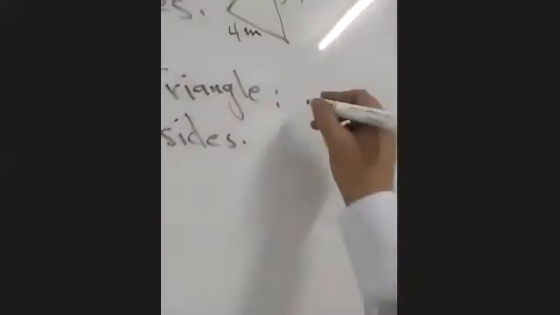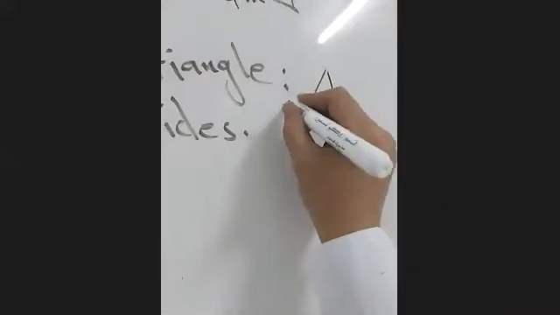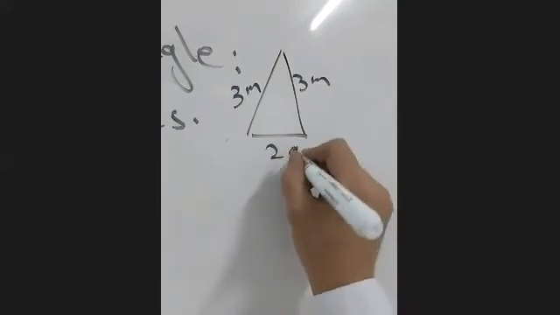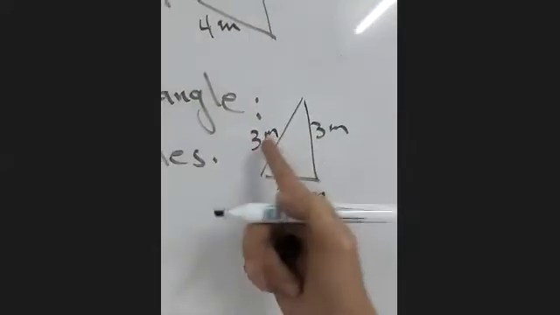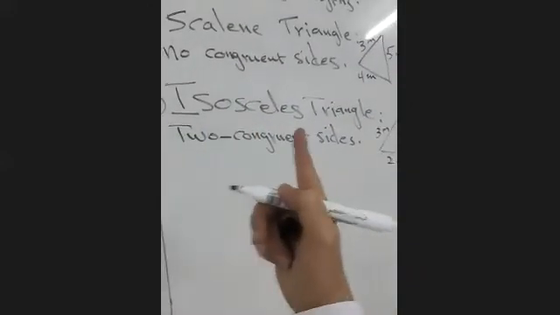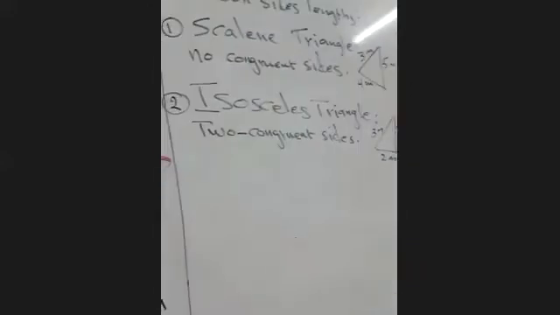Like, for example, look here, guys: 3 meter, 3 meter, 2 meter. We have two sides that have the same length. In this case, we call it isosceles.